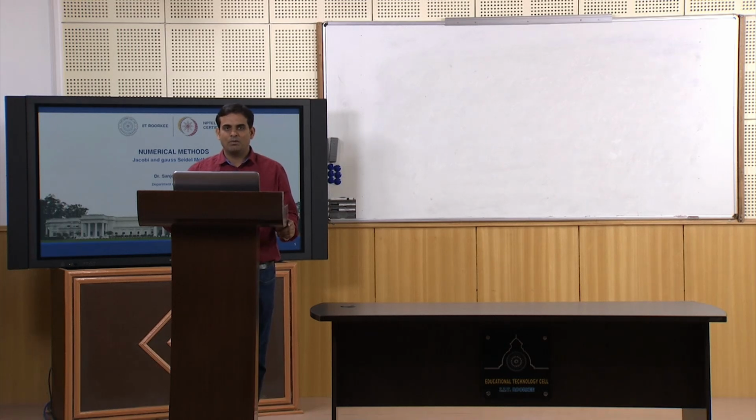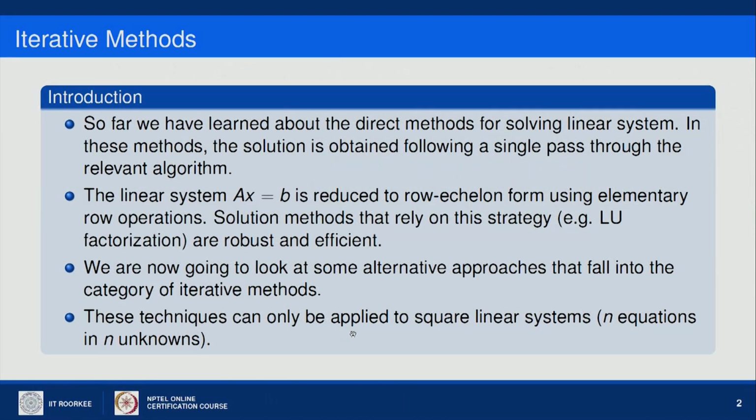So, if the number of iterations is less, that is less than n, then these methods are quite beneficial when compared to the direct method. However, these techniques can only be applied to square linear systems. Square linear systems means you have a number of equations together with the same number of unknown variables.